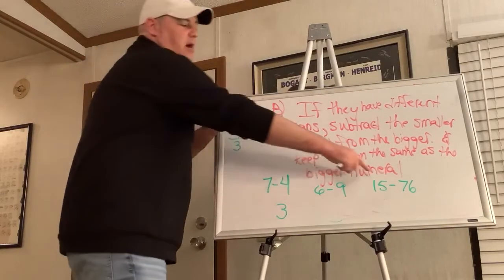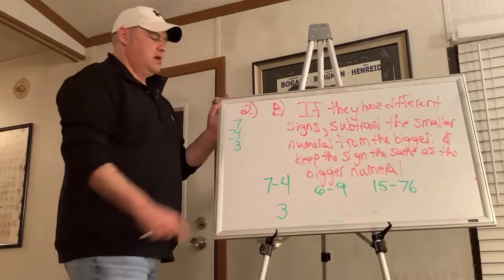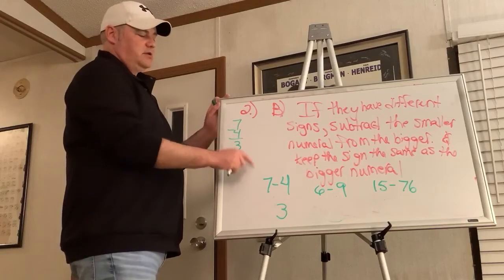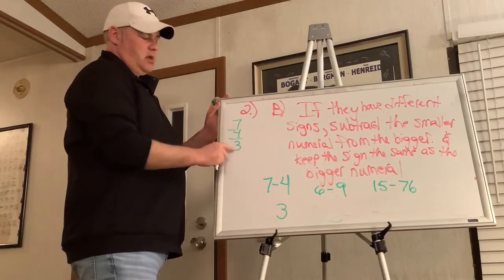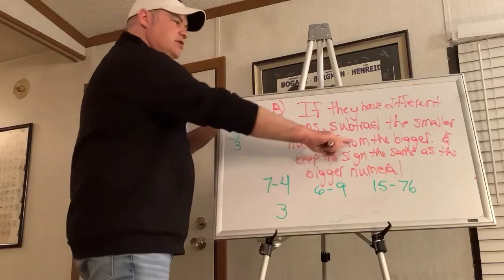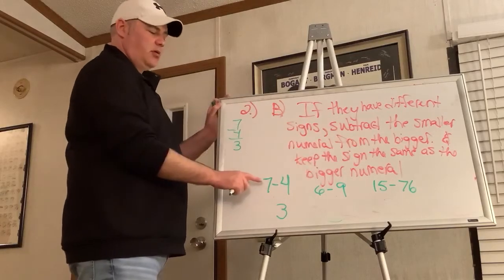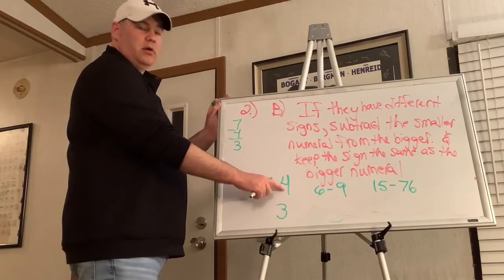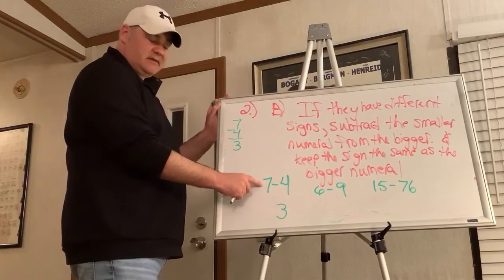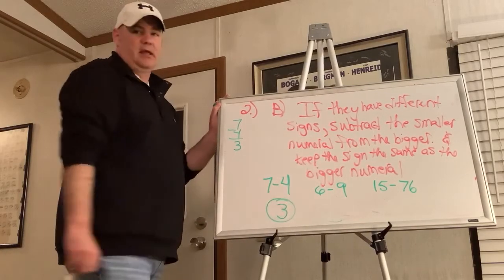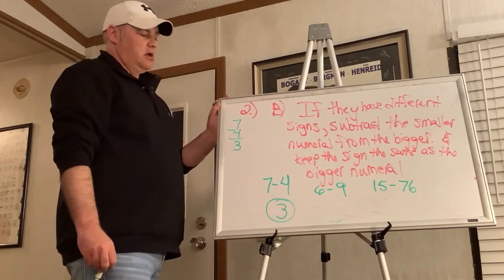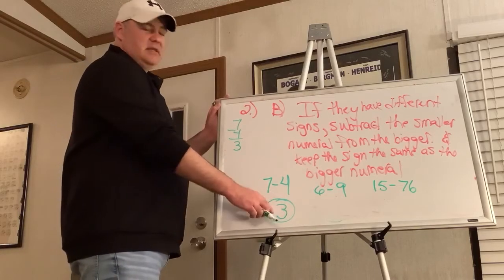But you're going to see why we do that when we get to harder problems. But you're going to do 7 minus 4, the smaller number from the bigger. You get 3, and then you keep the sign the same as the bigger number. Well, which was bigger, 7 or 4? 7's bigger. It's positive, so this is a positive 3. Okay? So this was positive, that's why this stays positive.